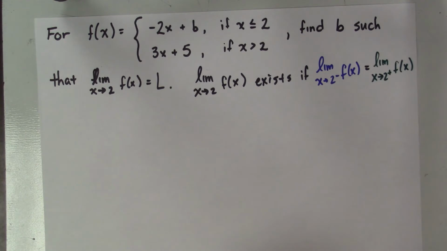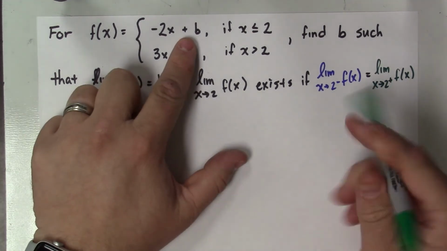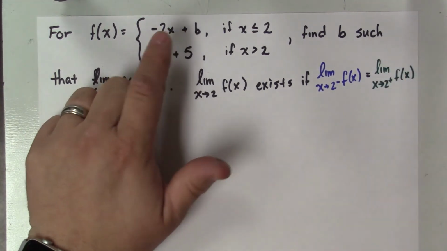So really what we're trying to do is solve for b so that the limit from the left is exactly the same as the limit from the right.